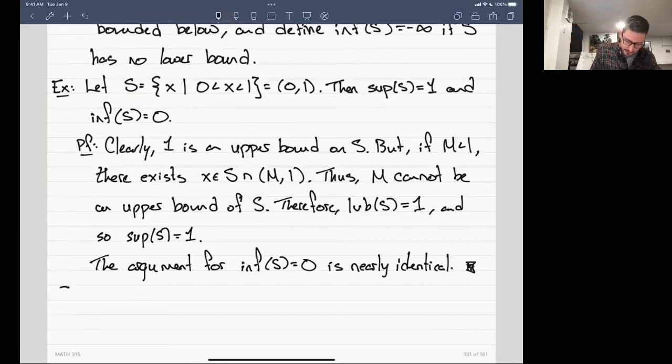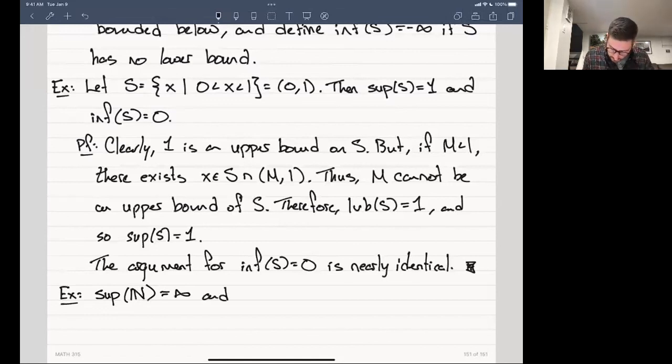And the last example that we'll do is the supremum and the infimum of the natural numbers. So first of all, the supremum of the natural numbers, I had already said this. This thing is unbounded. There is no upper bound on the natural numbers. Again, that is just the Archimedean property. And so therefore, this supremum is equal to infinity.